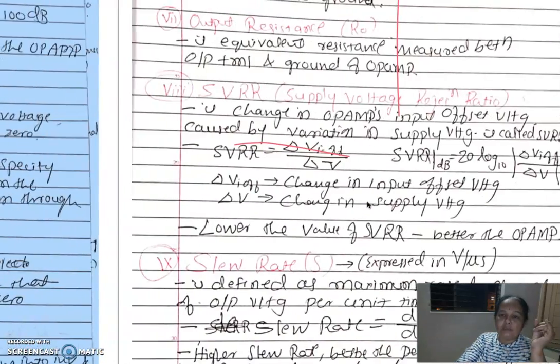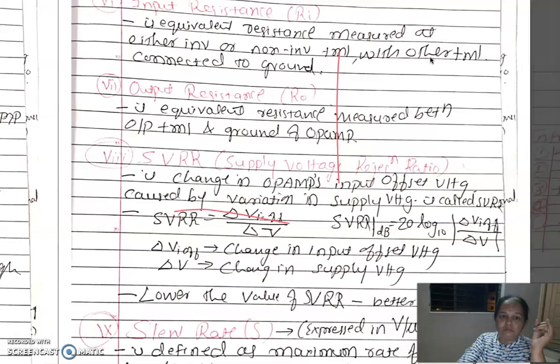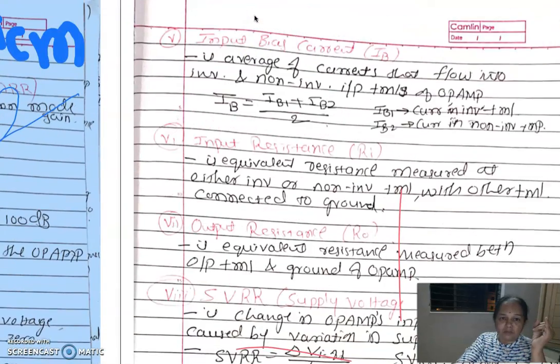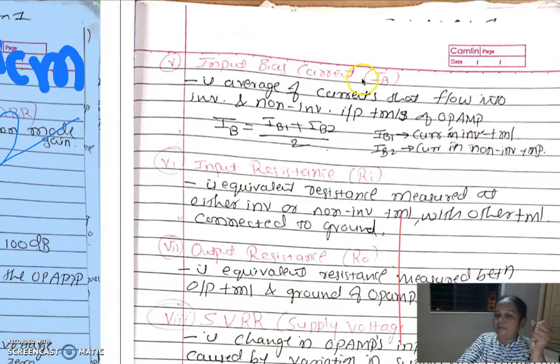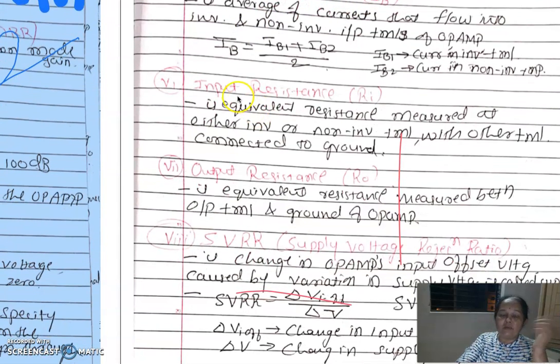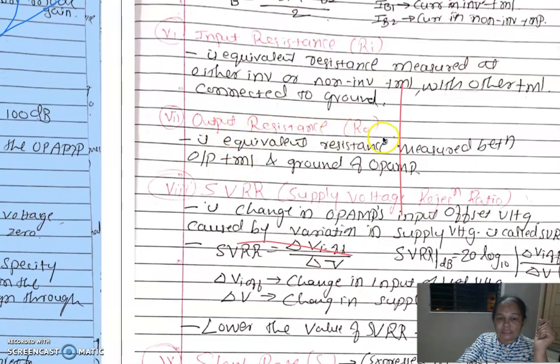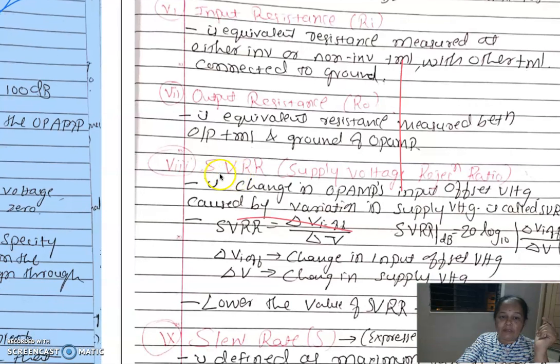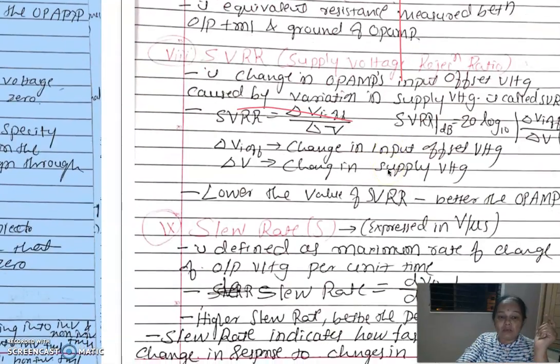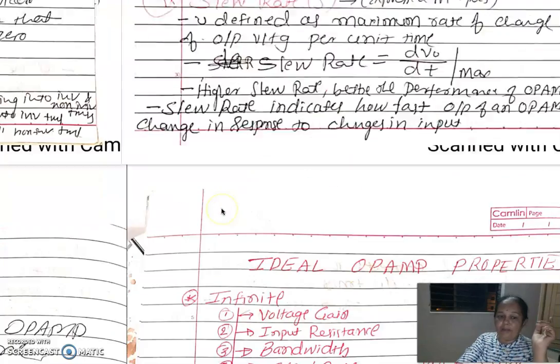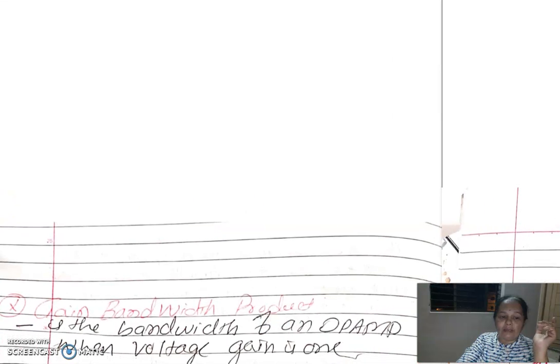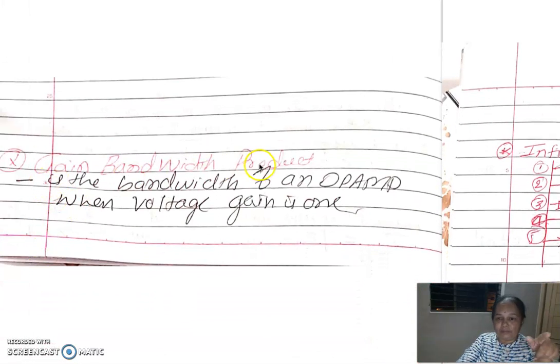Next, input bias current, IB, the fifth one. Sixth one, input resistance, RI. Next, output resistance, RO. The eighth parameter is SVRR, supply voltage rejection ratio. Next, slew rate, the ninth parameter. And the 10th parameter is gain bandwidth product. So these 10 parameters we are going to study one after another.